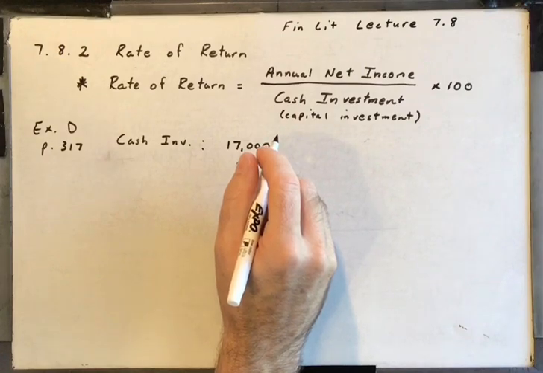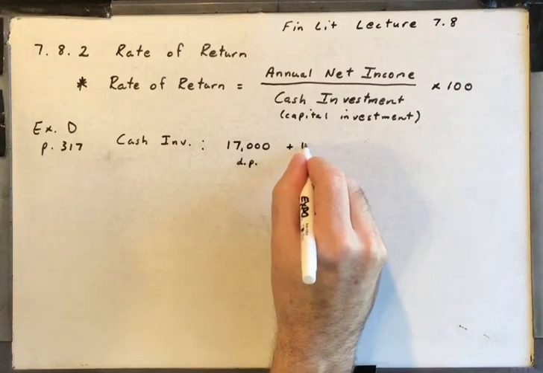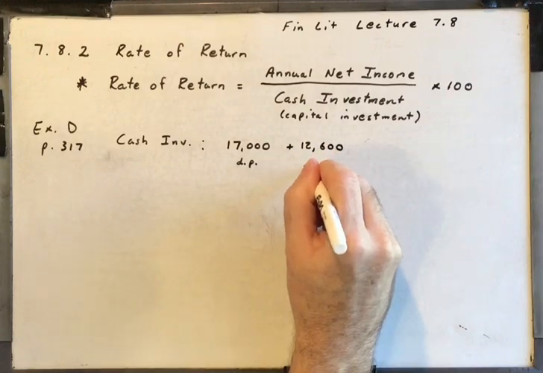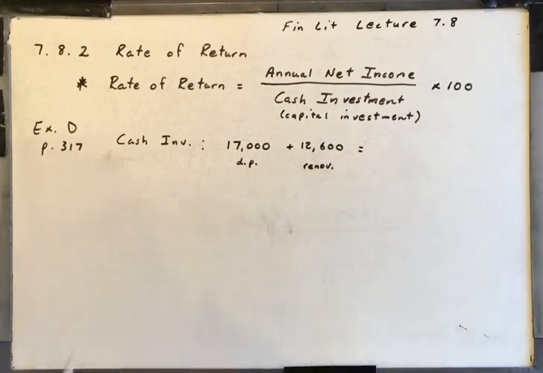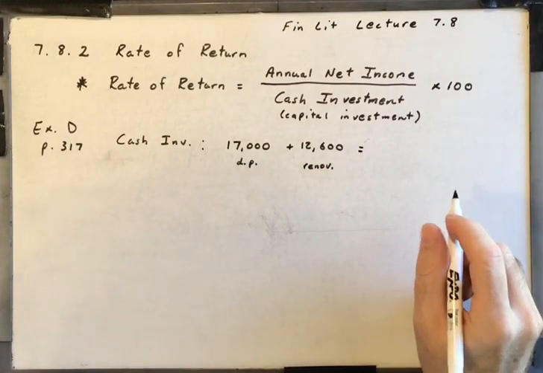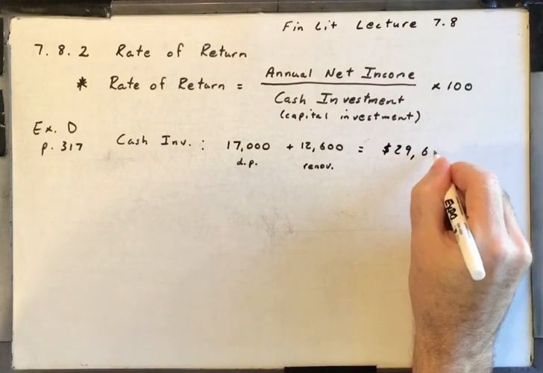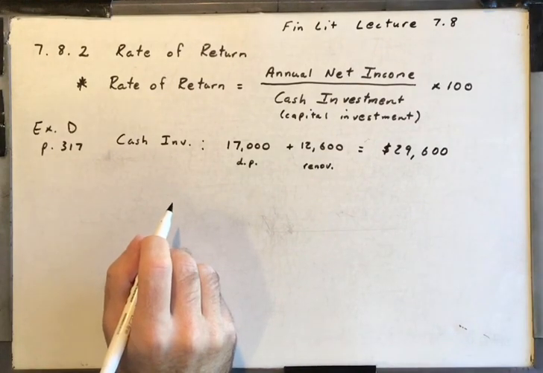And then she had to add a room for $12,600. So that's renovation. So together you have $29,600 that she had to put out of her own pocket. Doesn't count what she borrowed.